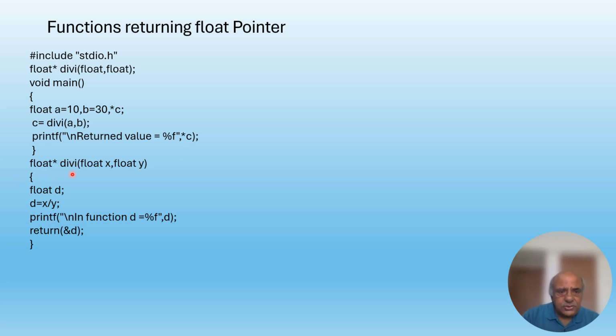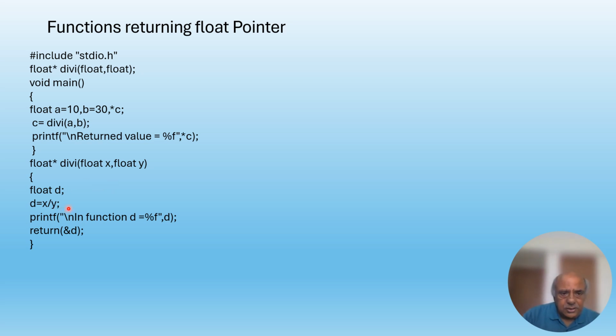How is the function defined? Float star dv, into the bracket float x comma float y. So x and y will be assigned the values of a and b being passed from the function call, which are actually 10 and 30 in this case. Then we have declared another variable in the function, float d.